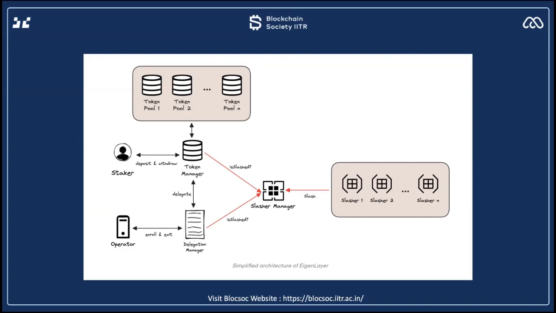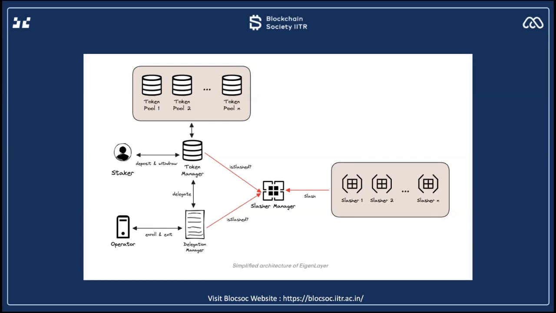So there are three major components in EigenLayer. One is the token manager, which handles all the assets. One is the delegation manager, which handles who the operators are and what the task is supposed to be. They interact with the middleware contracts and stuff like that.